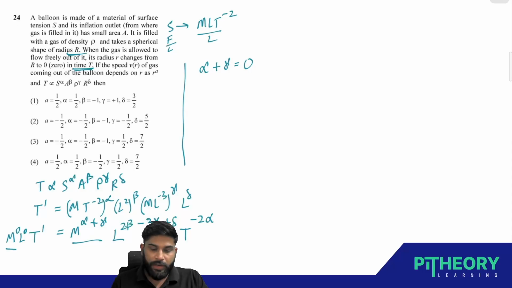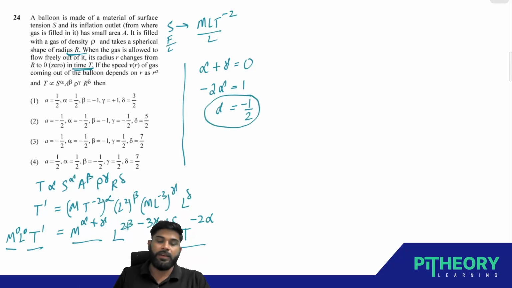Okay, or we can do one thing. We can actually start with the time. So if I compare the power of time, you can write minus 2 alpha equal to 1, or alpha equals minus 1 by 2. So one thing we have already got. Correct? Now if I apply this to the equation which we got by comparing the powers of mass, you get gamma equal to what? Minus alpha.